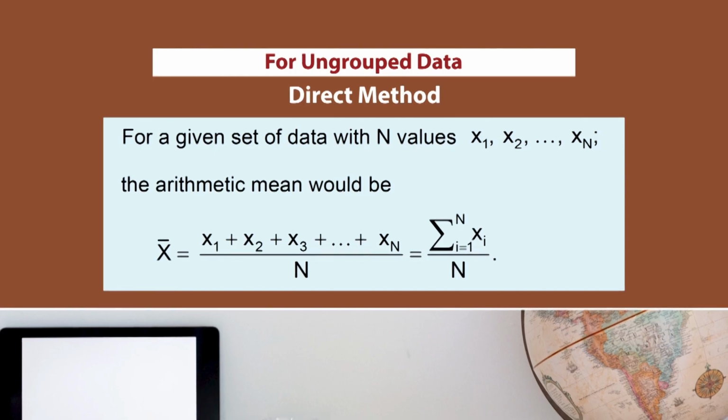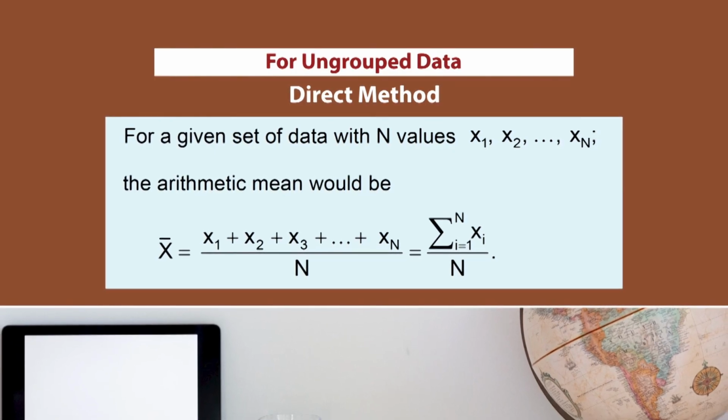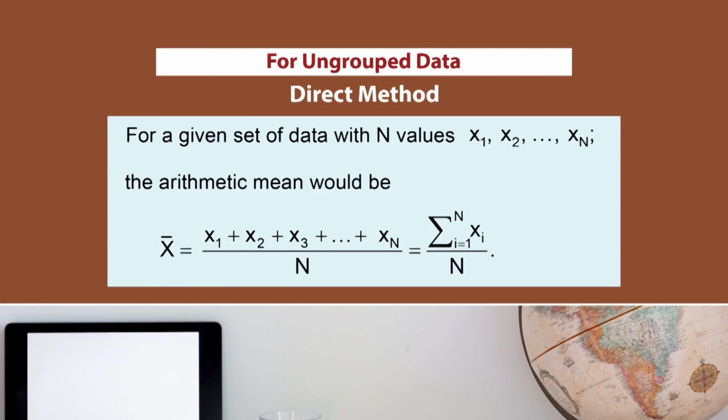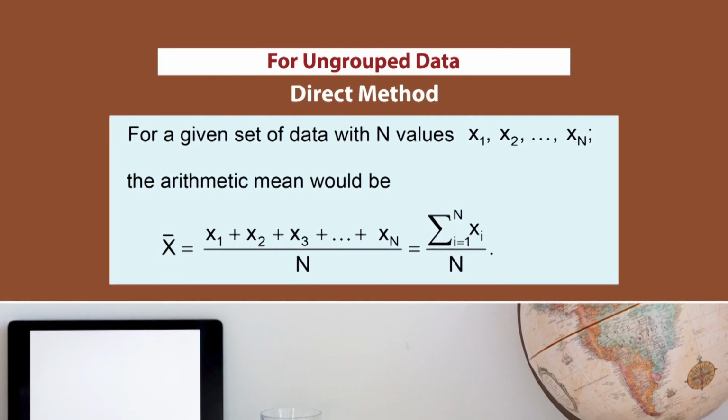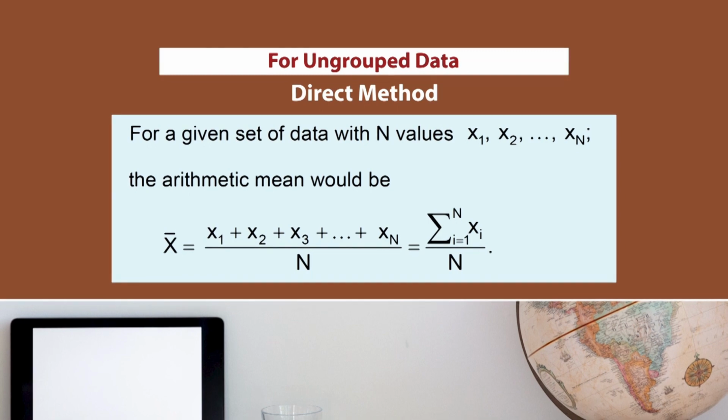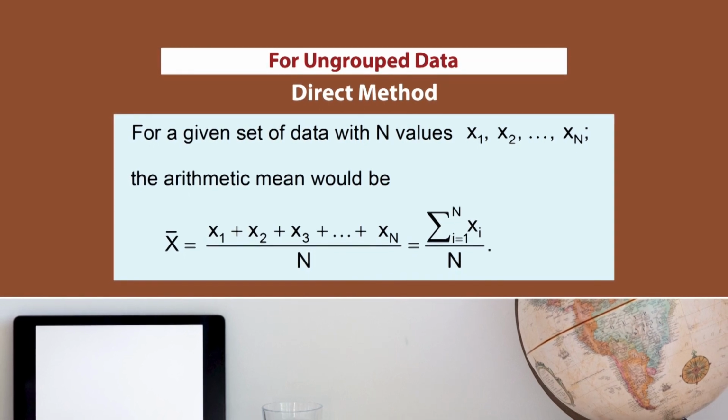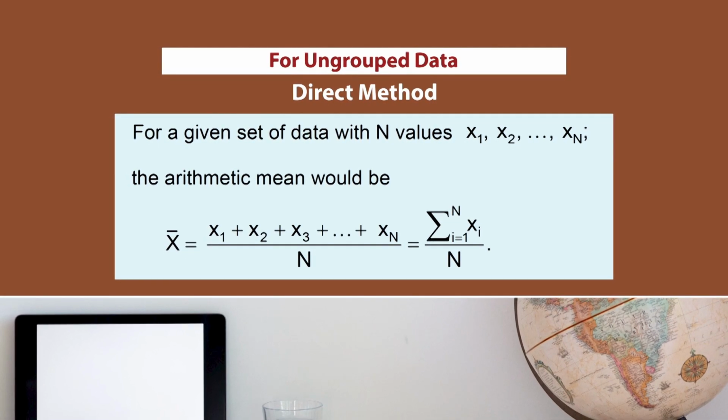That is equal to summation xi divided by n, where summation, this Greek symbol, reflects the total of the n values given in the data.